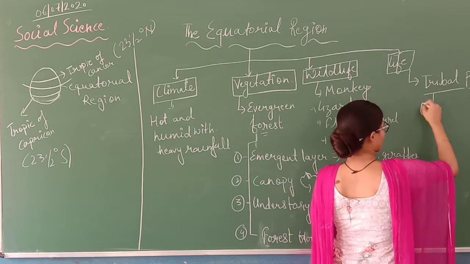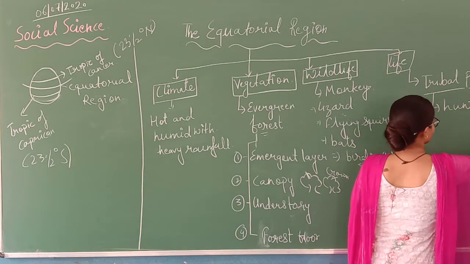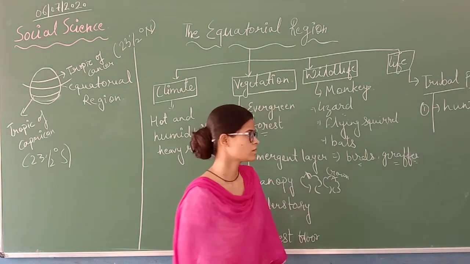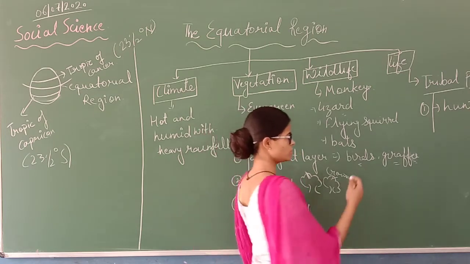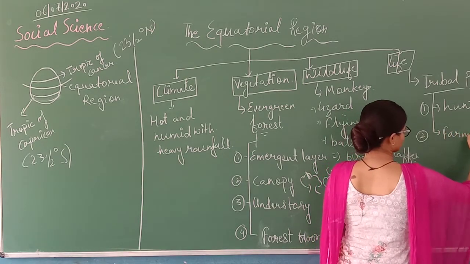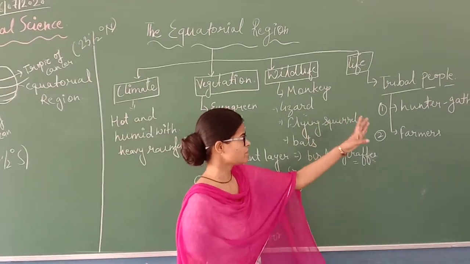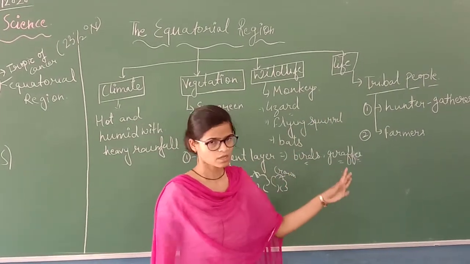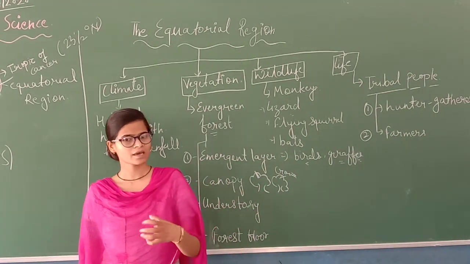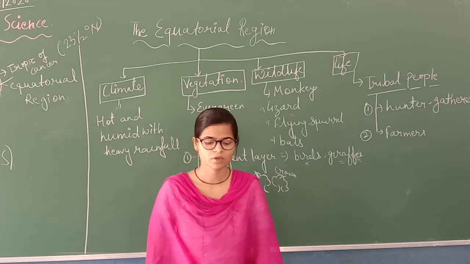They may be hunters or gatherers, and the second one is farmers. So tribal people are hunters, gatherers or farmers. These are the tribal peoples you will mainly find here, and there are some names given in your book also, so you can read them.